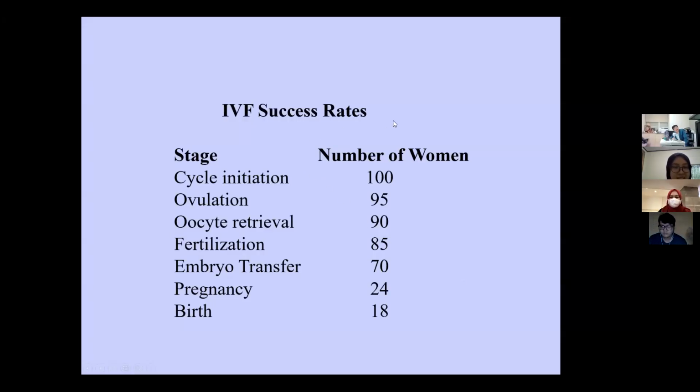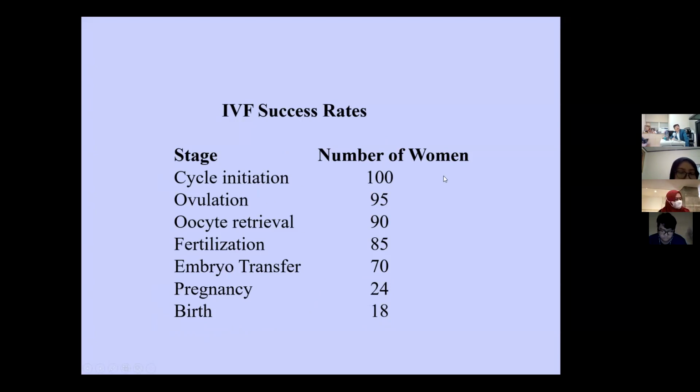IVF success rate. On average, the pregnancy rate is around 1 in 4, 25%. The take-home baby rate is around 20%.